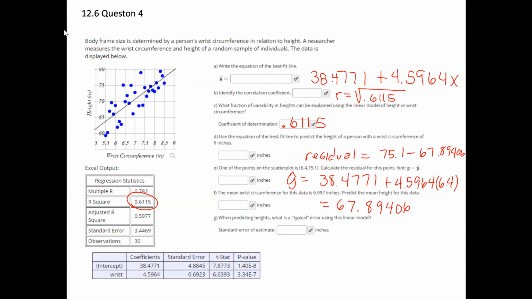You're certainly not going to find all the Y's to add up and find the mean Y. So you plug the 6.997 back into your regression equation and find the predicted mean height. When predicting heights, what's a typical error using this linear model? They give you the standard error, 3.4469. Take that off your table and plug it in.